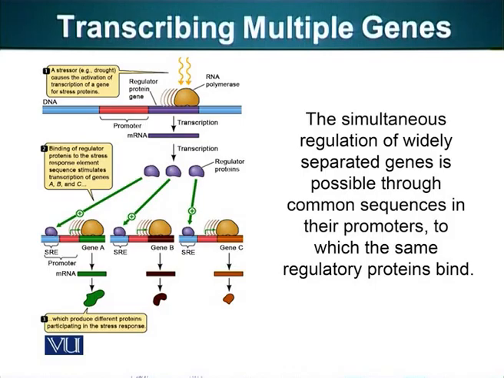So when we want to activate genes whose products play a unified role, perhaps in a metabolic pathway, how do we activate all those genes? The strategy of eukaryotes is different than prokaryotes.